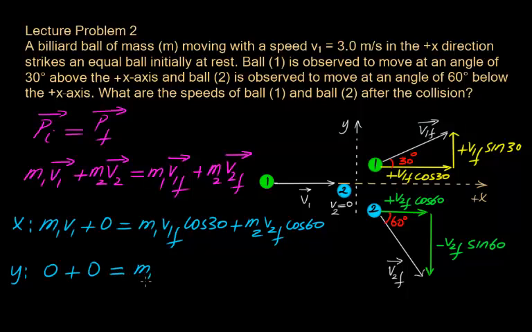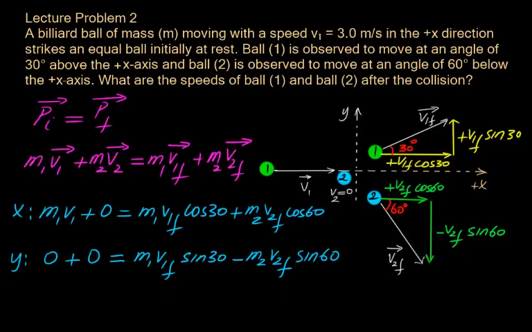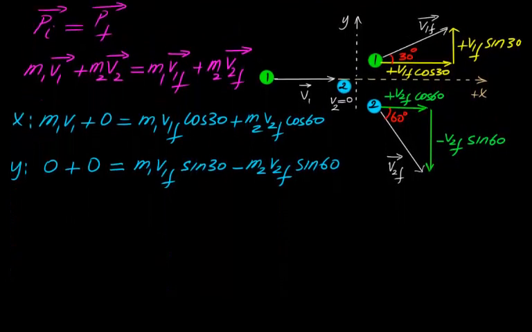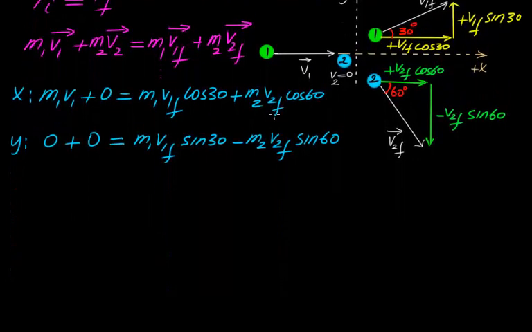Those equal m1 v1 final sine 30 minus, notice that the y component for the v2 final is negative, therefore m2 v2 final sine the angle 60. Because the mass m1 and the mass m2 are the same, let's cancel them out right here. These are all the same.